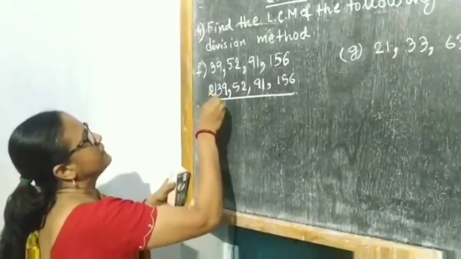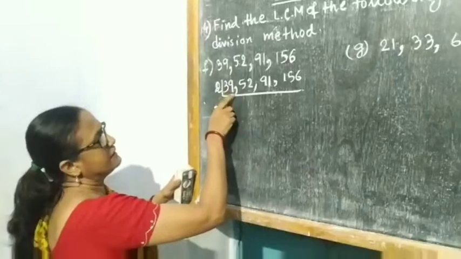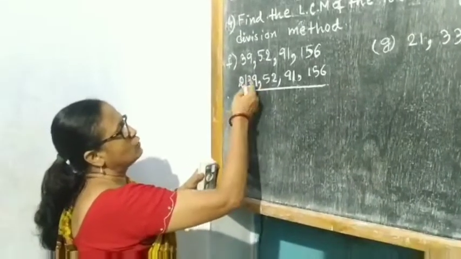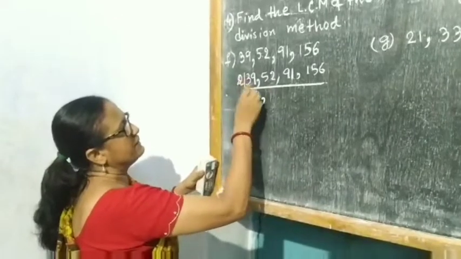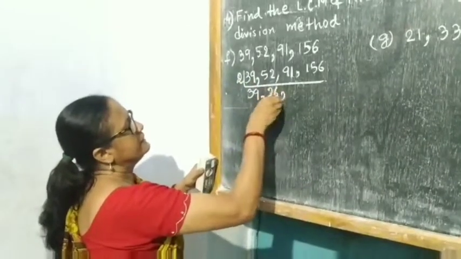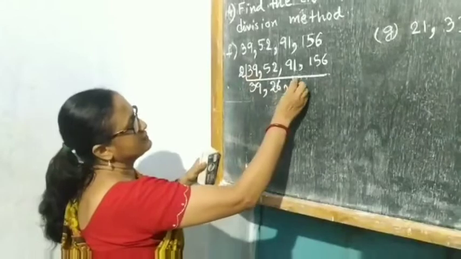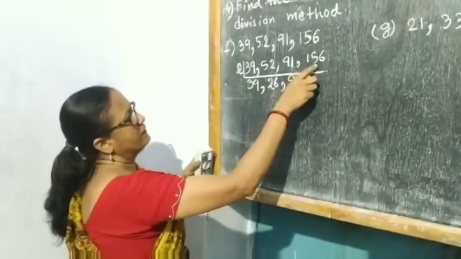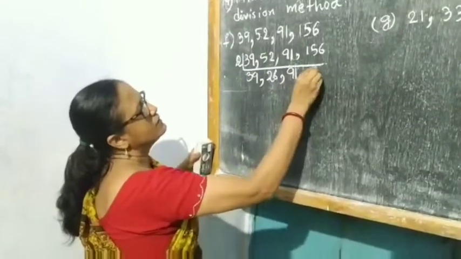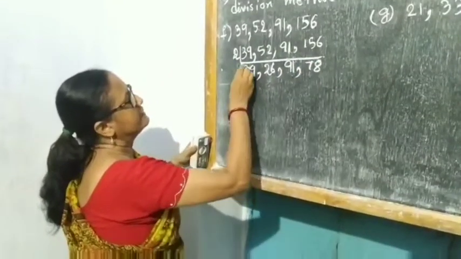So divide it by 2. Now 39 is not divisible by 2, so you have to copy it down without dividing it. 52 divided by 2 is 26. 91 is not divisible by 2, so again copy it down. 156 divided by 2 is 78.